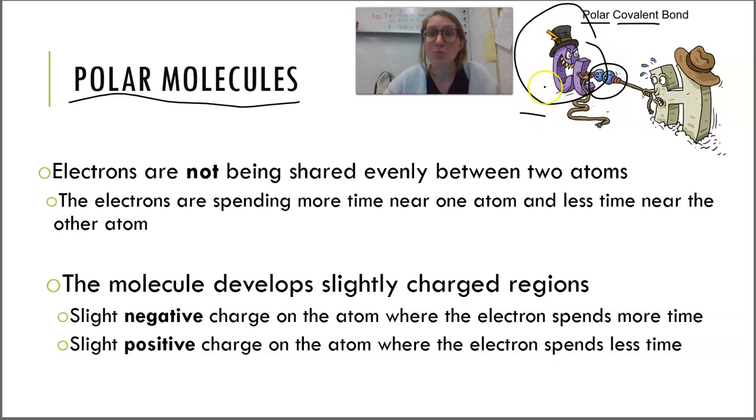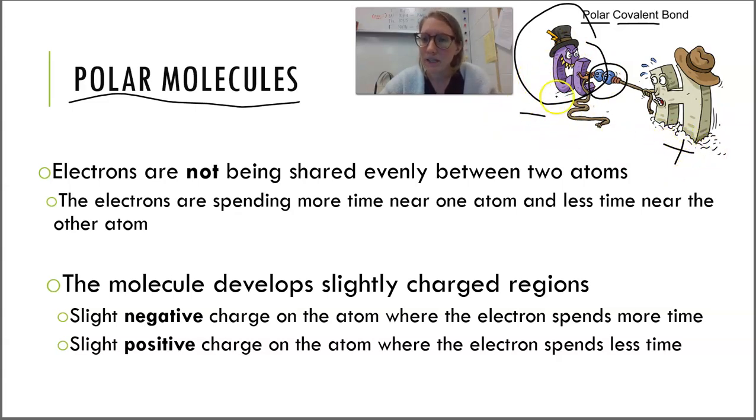Chlorine is a much bigger and heavier atom than hydrogen. Hydrogen is so teeny, tiny. It's the smallest type of atom you could get. Chlorine is pretty big and hefty and has more ability to pull electrons towards it. So it's going to have more of a negative charge, and hydrogen will have more of a positive charge.